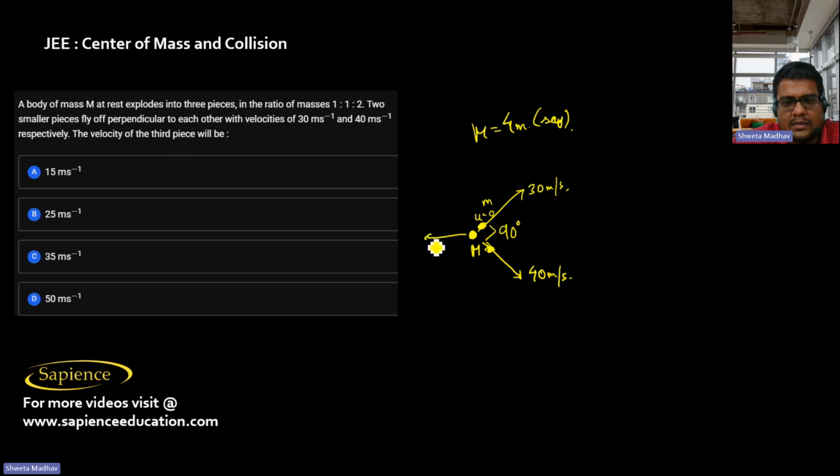So the third mass, which is 2m, should fly off with a velocity v in the opposite direction, such that the net final momentum of the system should be 0 only, since initially the system was at rest. So the center of mass should remain at rest only after the explosion. So after explosion also, the center of mass of the system will remain at rest.